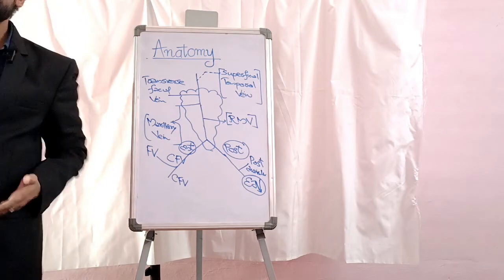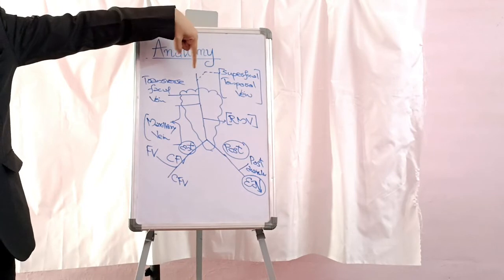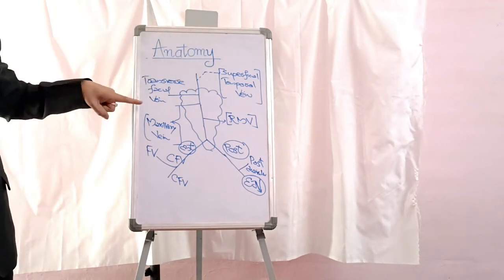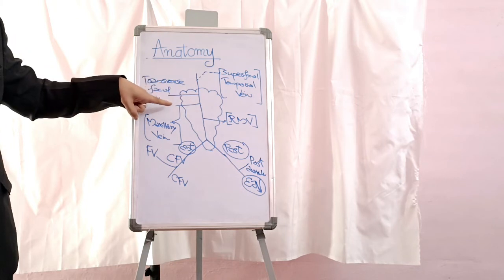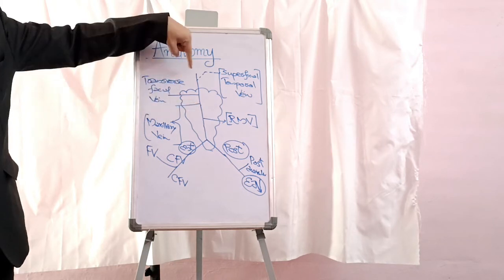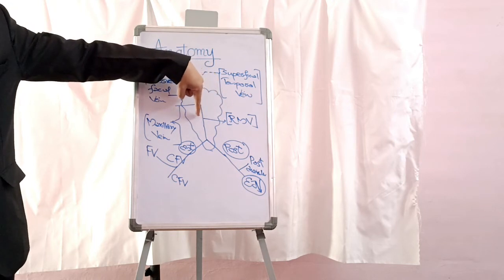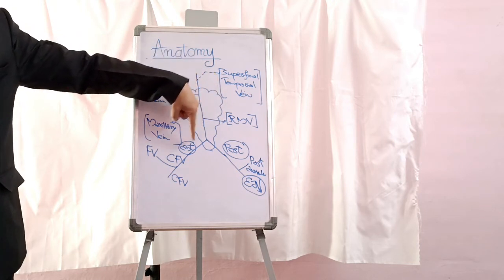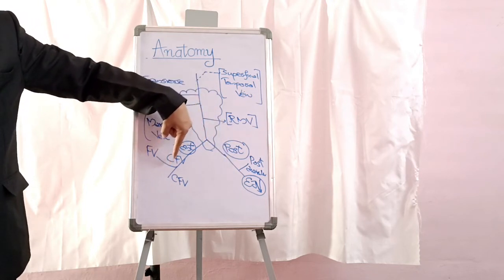I repeat once more. The superficial temporal vein joins with the maxillary vein. These two veins join to form the retromandibular vein within the parotid gland, which divides into anterior and posterior divisions, giving branches: the common facial vein.